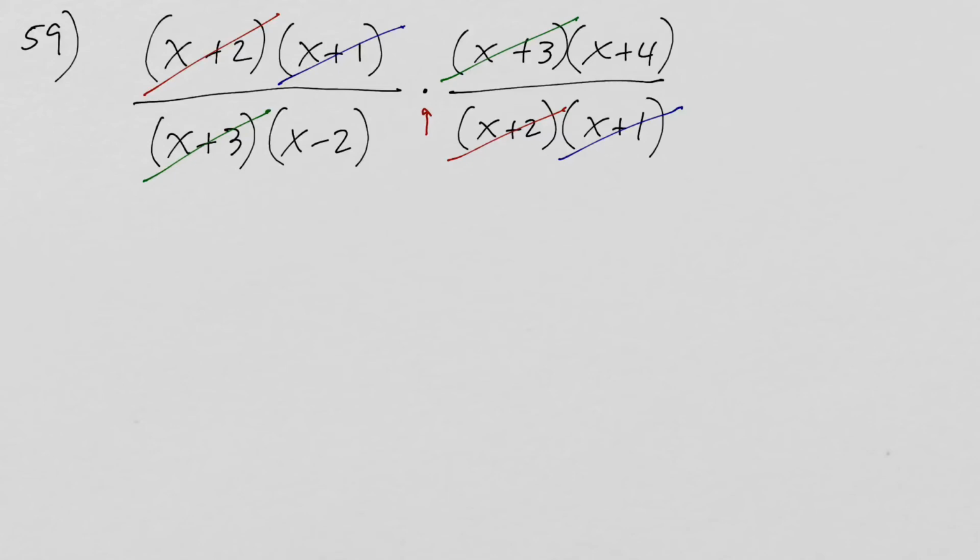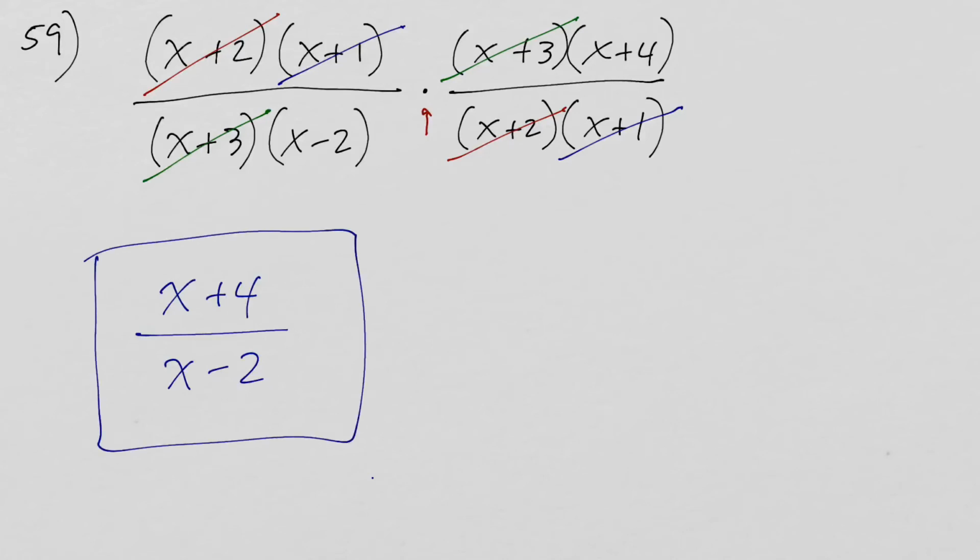And now all I'm left with is x plus 4 in the numerator, and I have x minus 2 in the denominator. Again, I got rid of the parentheses because they would be redundant. I cannot cancel those x's because they are terms and not factors. Same thing with the 4 and the 2. So this is my final answer.